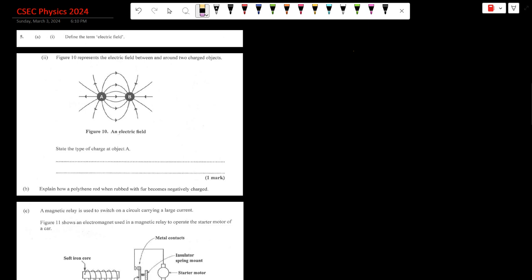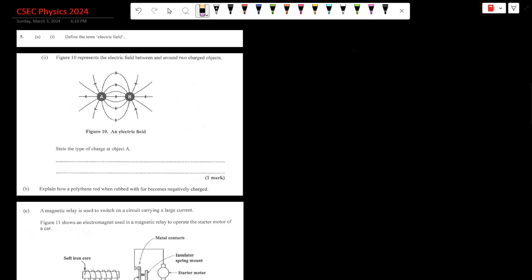So this is exactly what an electric field is. It is important that you mention that another charged particle must experience a force, because if no force is felt by another charged particle, it means that the field does not exist in that region. If an object is charged, there is a space around it where, if another charge finds itself within that space, a force will be exerted on both charges.